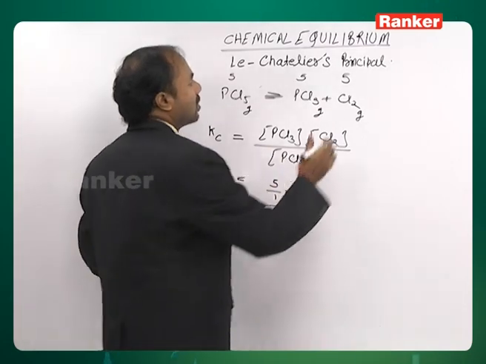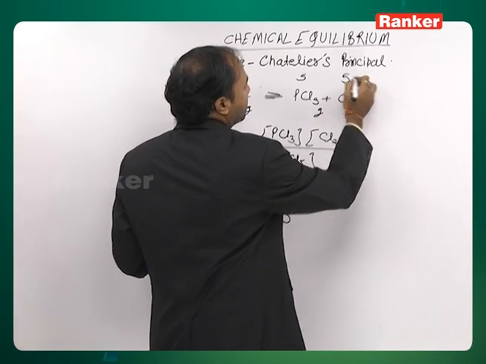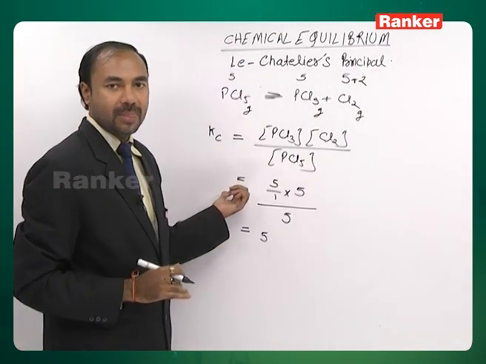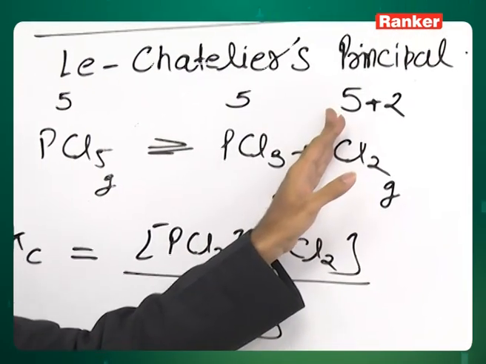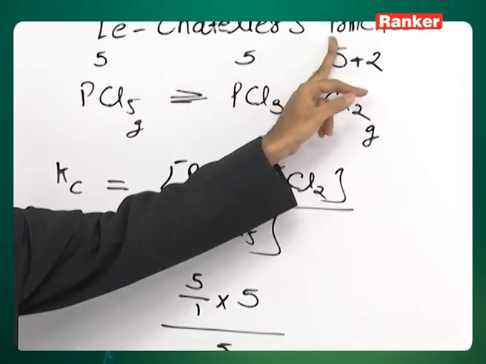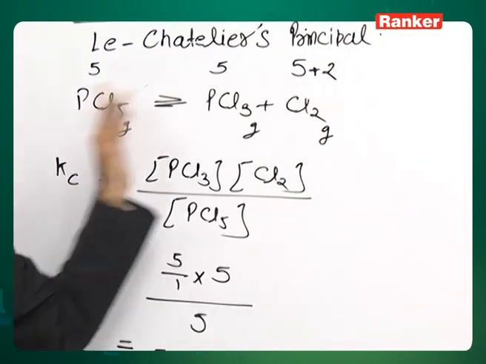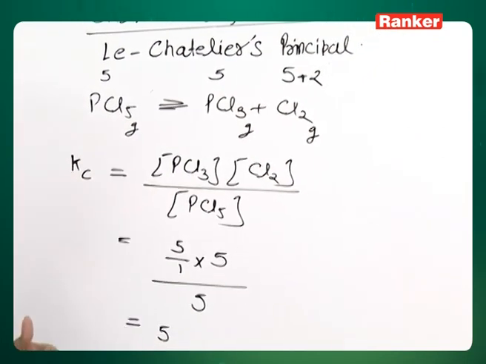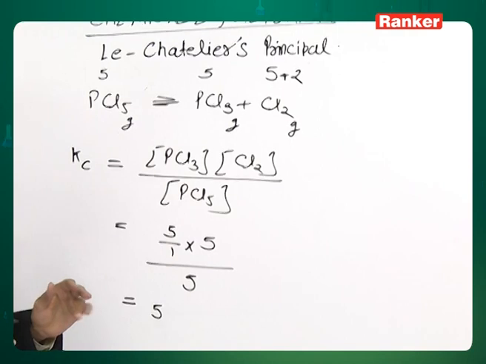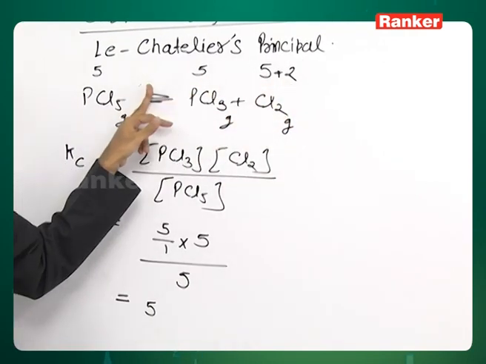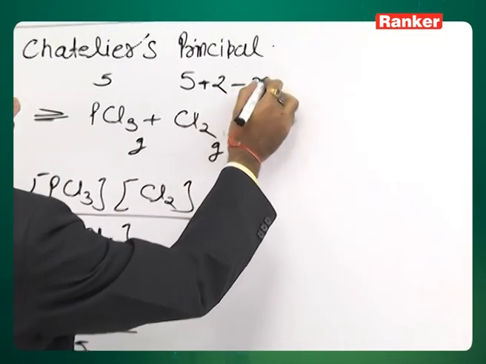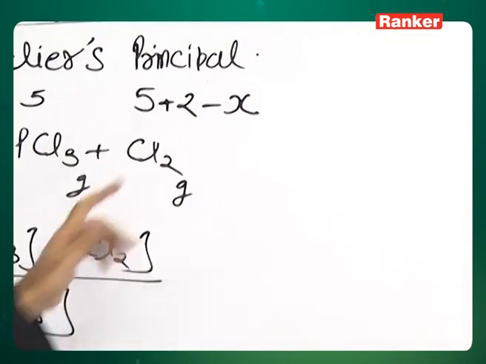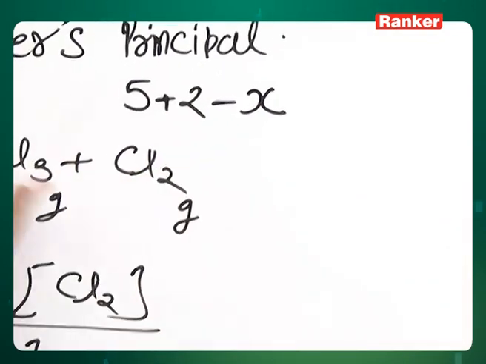So total moles of chlorine would have become 5 plus 2, 7. Right? Now, as soon as these 2 moles are introduced, by using Le Chatelier's principle, equilibrium starts shifting in the backward direction. We assume at equilibrium, x moles have shifted in the backward direction. So we do 5 plus 2 minus x. X moles of chlorine reacted to go backward.